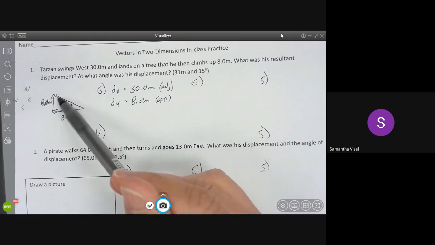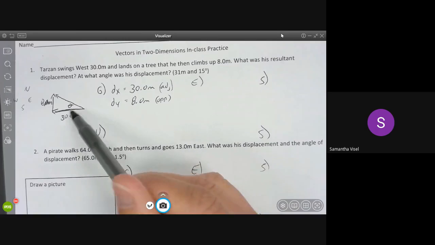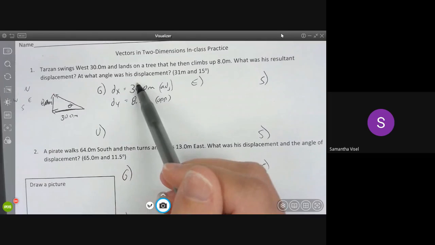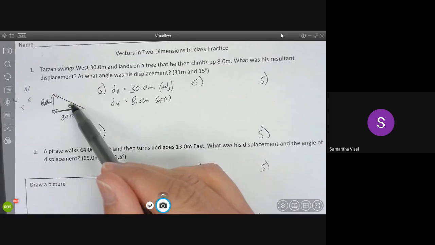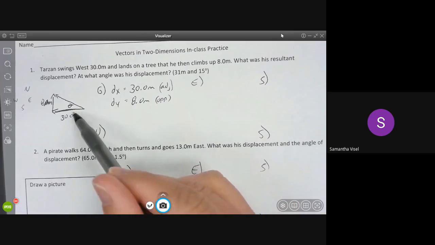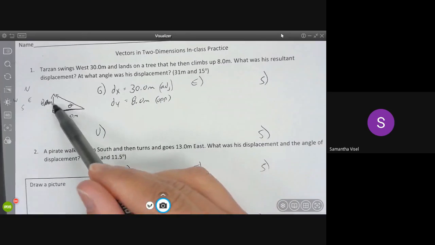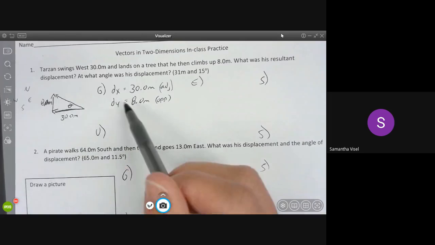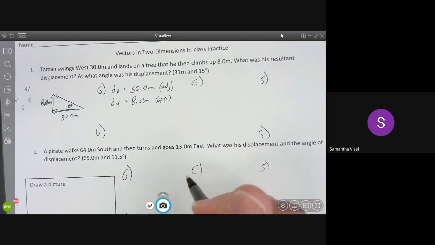And so I want to figure out how far it took him to go from here to here. So dx is how far did he go horizontally. That's 30, the horizontal, westward direction. Notice this angle is touching 30, so that's the adjacent leg of the triangle, next to the angle. And then dy is 8, and that's opposite the angle, so that's my opposite triangle leg.